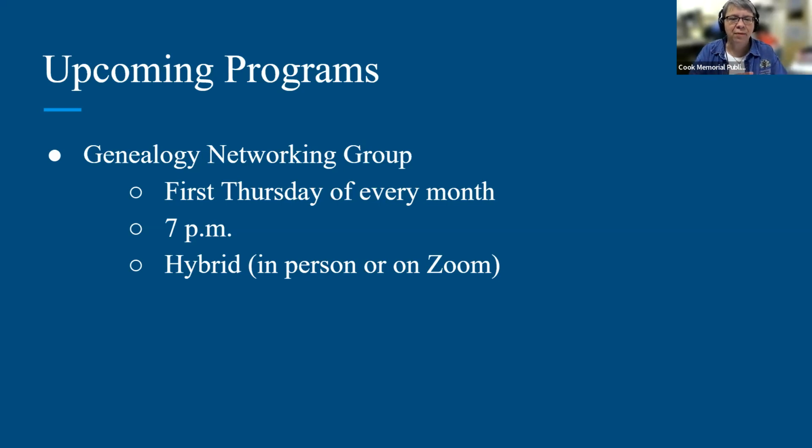Our next one coming up in March, we're going to have a show and tell of different family heirlooms or family documents or something that we found. So that's always a little bit of fun. This program is hybrid, so it's in person or on Zoom, whichever way you feel comfortable attending, we can accommodate you. So I hope you'll consider joining us for that.